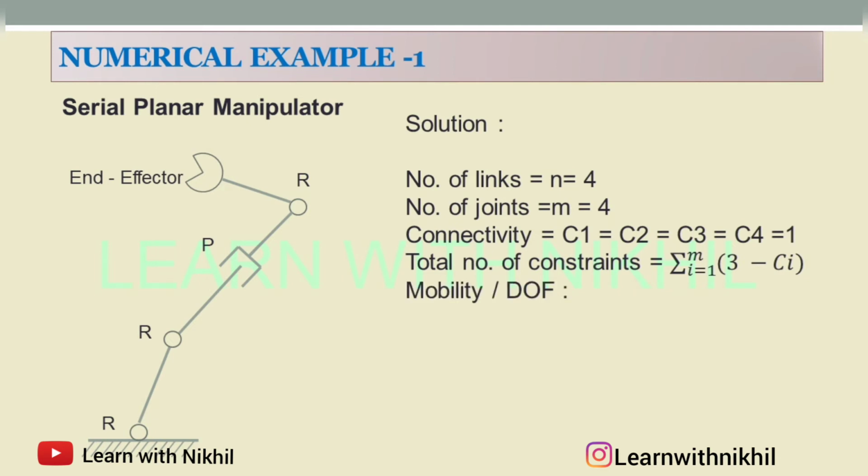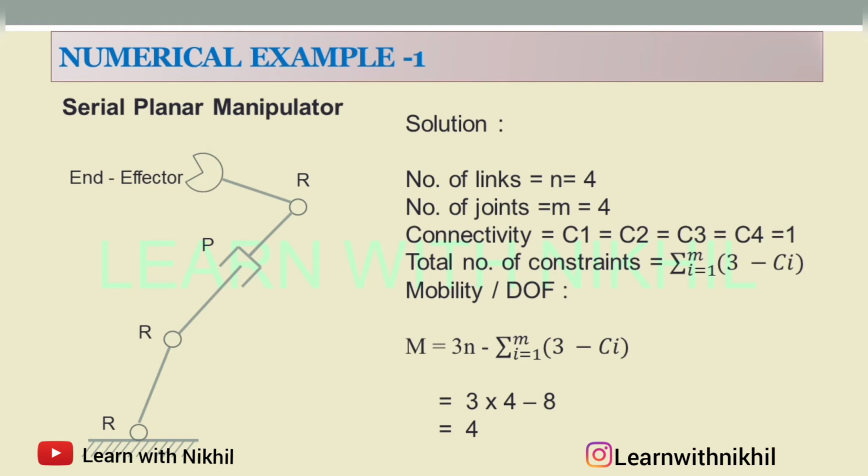Finally, finding the mobility or the degree of freedom, that will be M equal to 3n minus the constraints. n is 4, so 3 into 4 minus 8, which we have calculated. So finally 3 multiplied by 4 minus 8, the answer will be 4. So we have got the degree of freedom or the mobility of this robot as 4.